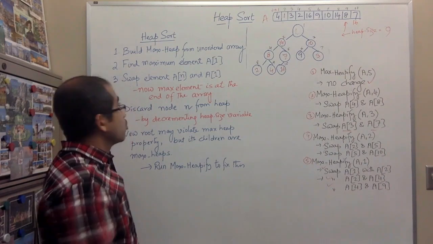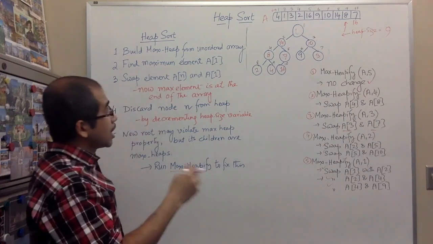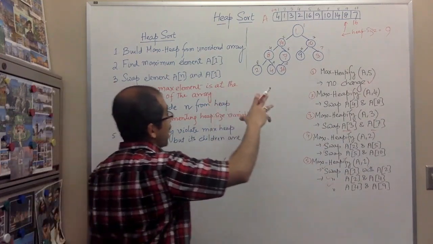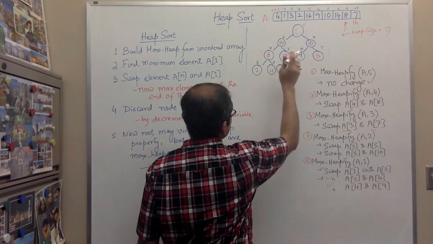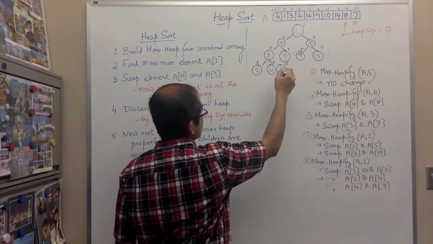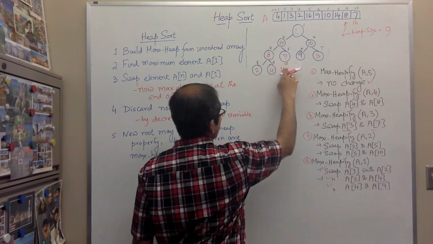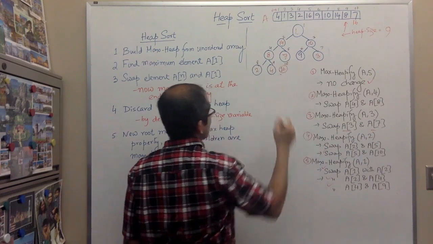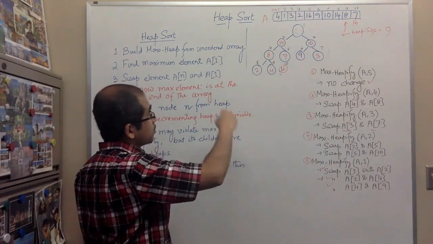So we max heapify again until this is again a max heap. Assume that this node is gone, it is not there anymore in the heap, so this is out. In that way, again we do max heapification.